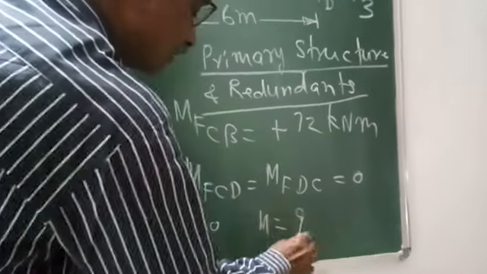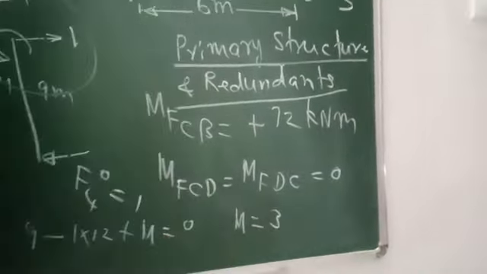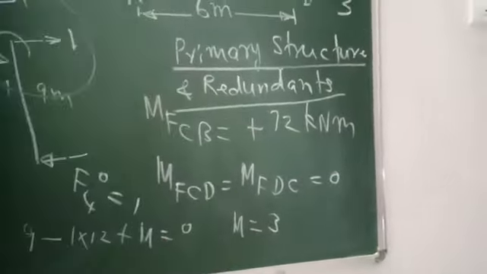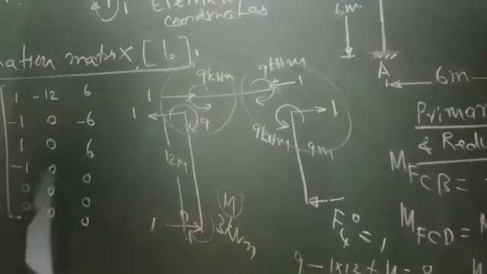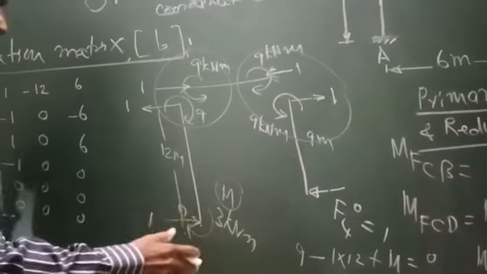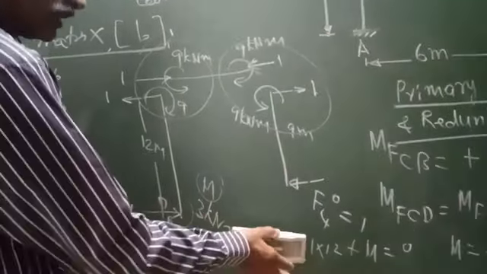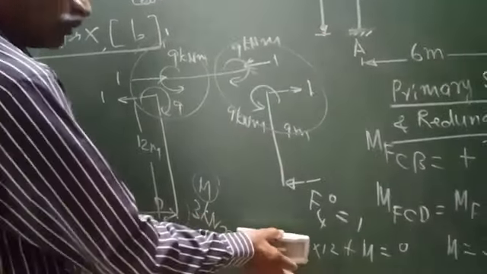M equal to 12 minus 9 equal to 3. Suppose the direction assumed is not correct, you will get the value with the negative sign. So even if there is any confusion, you can just do the calculation like this, you can get the value. That is about the moment.